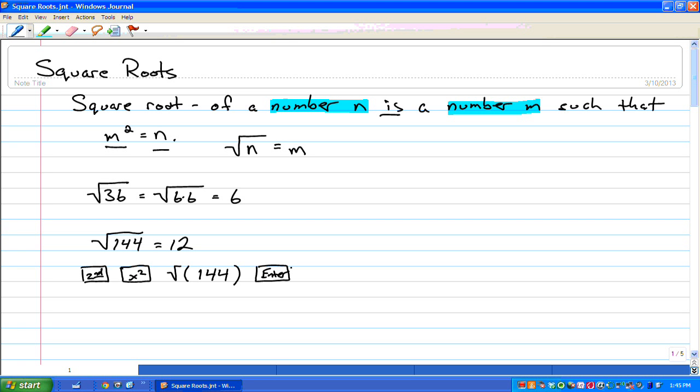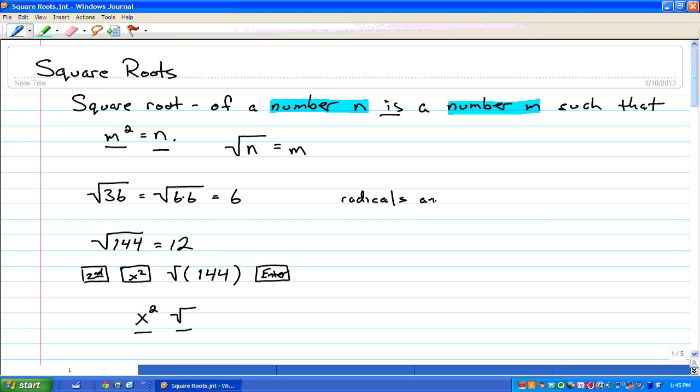Now, an interesting thing is that on your calculator, the x squared and the square root are together. One is the main button, that's the x squared, and then the square root is the second choice, the one above it. The reason is because these are opposite operations. Something that you need to understand is that roots, radicals, square roots, they're all kind of called that.